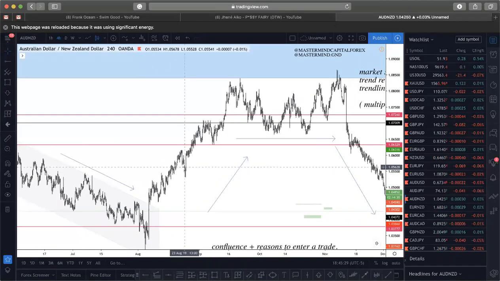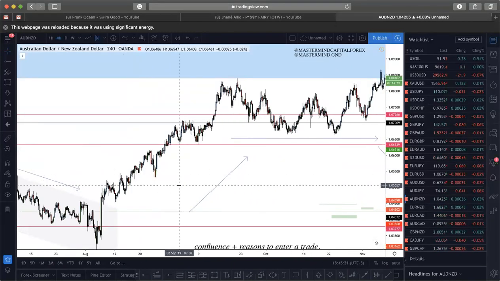So, what is a trend line? A trend line is a line you draw connecting the last two previous higher lows if it's an uptrend, and the last two previous lower highs if it's a downtrend, right?